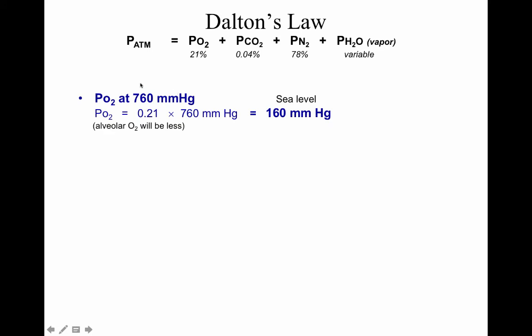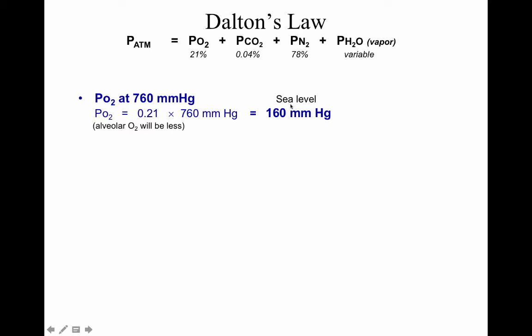So say, for instance, that we have atmospheric pressure at 760 millimeters of mercury, or 1 atmosphere, and then we take 21% oxygen in the total times the 760 millimeters of mercury, or 1 atmosphere of pressure.